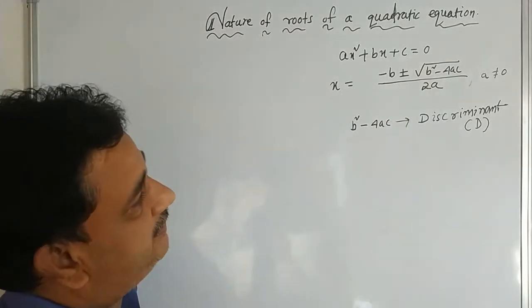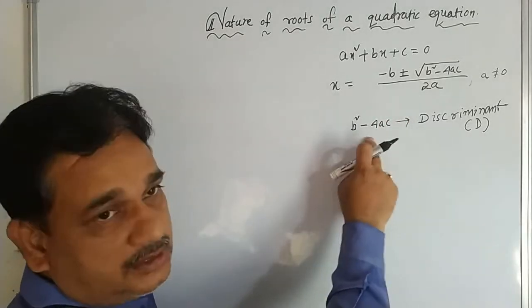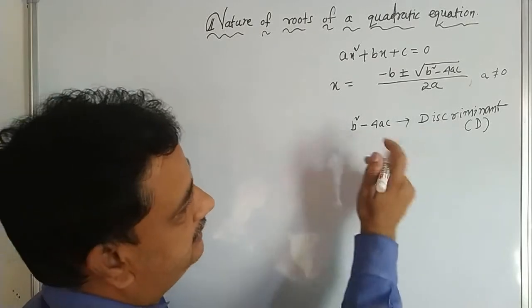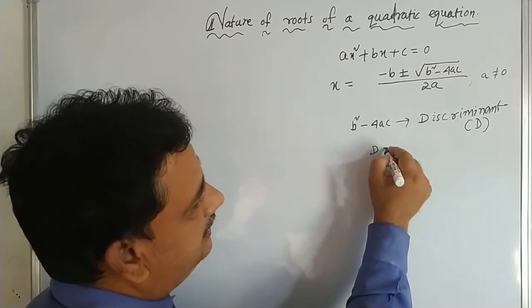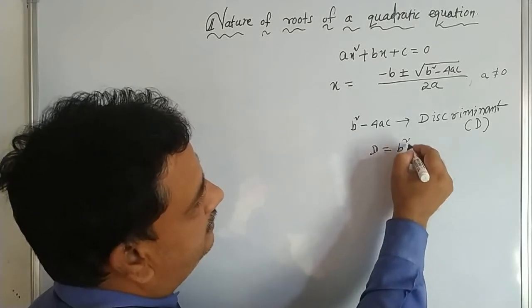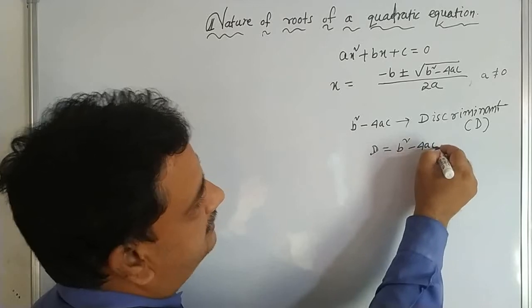That is discriminated by this factor. Hence b square minus 4ac is called the discriminant, D.